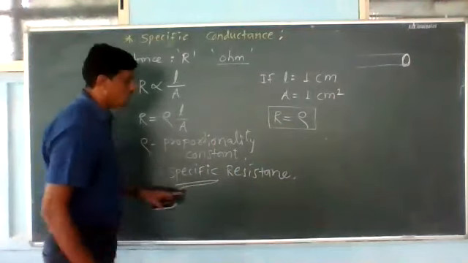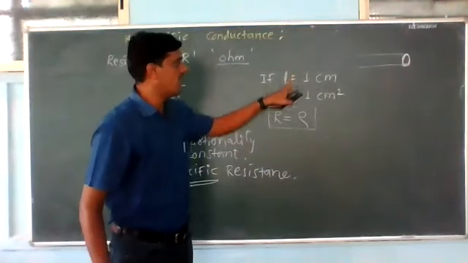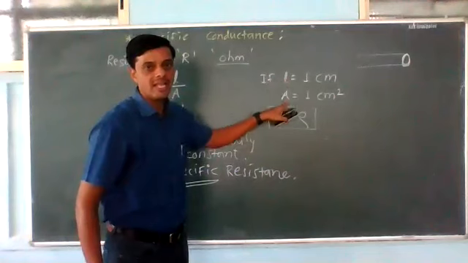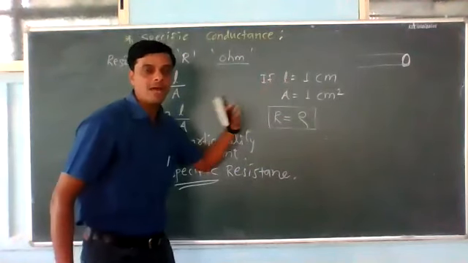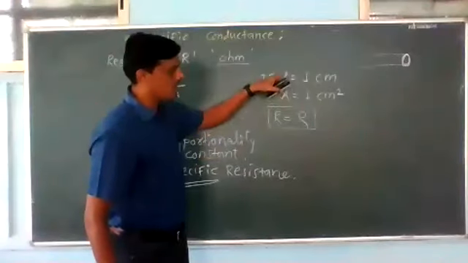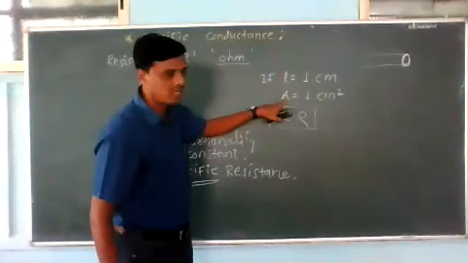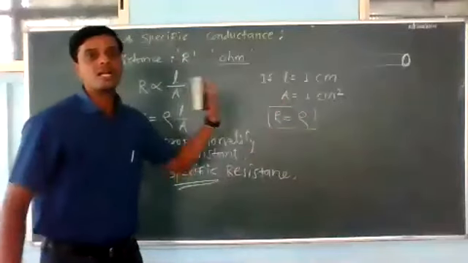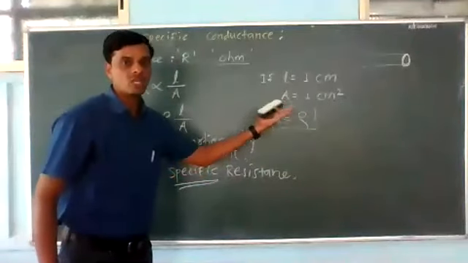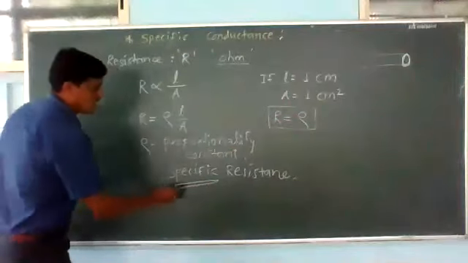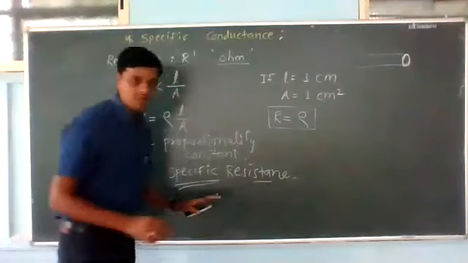Because we have specified the values of length and area. When we specify the values of length of the conductor and area of the conductor, then whatever the resistance shown by such a conductor is said to be its specific resistance. I hope it is clear.